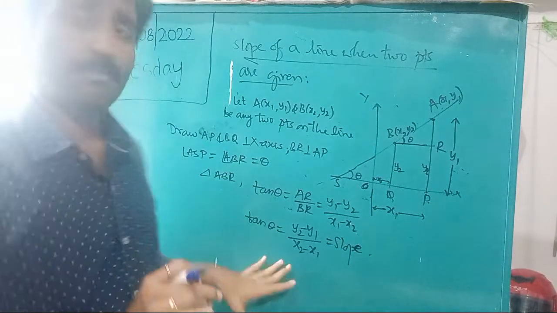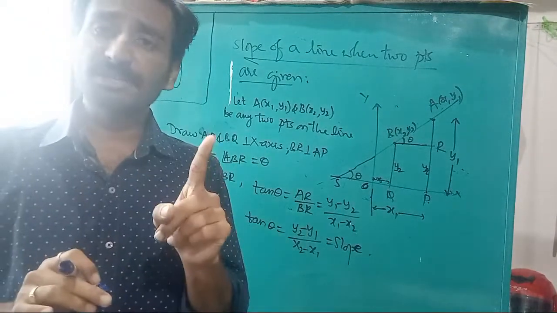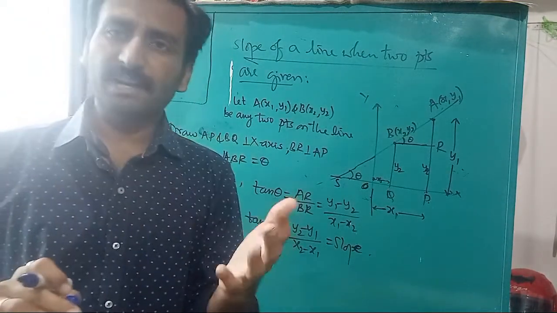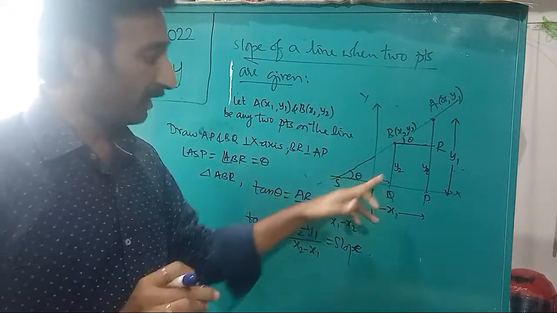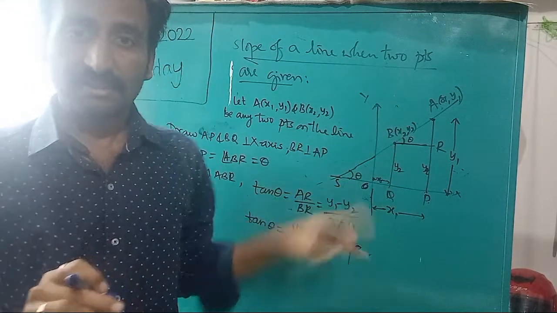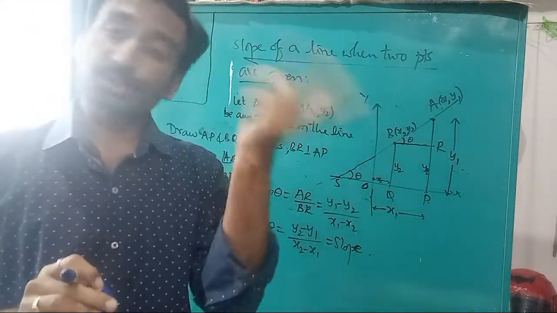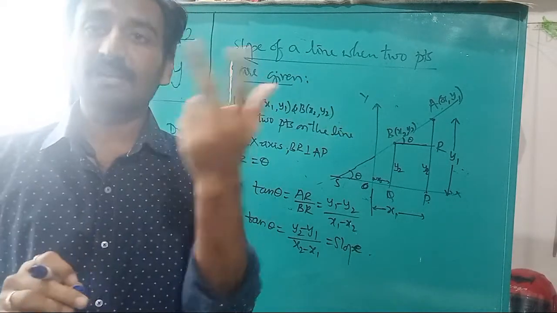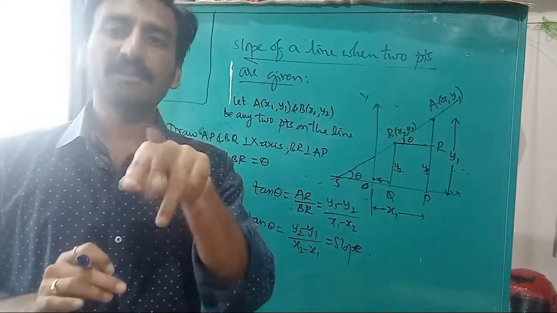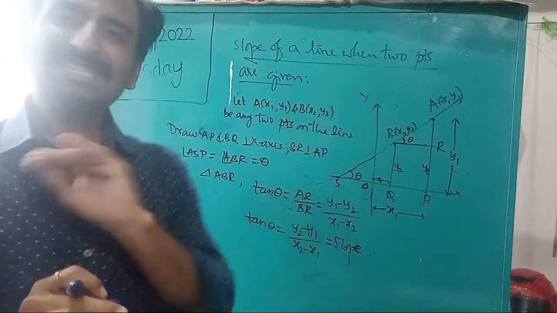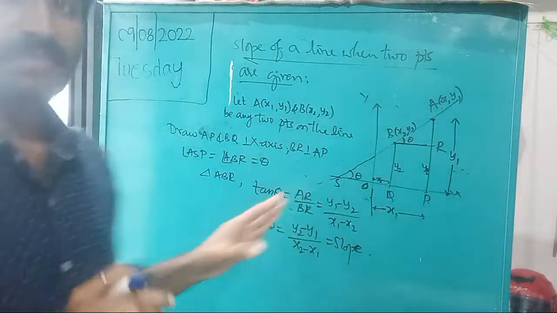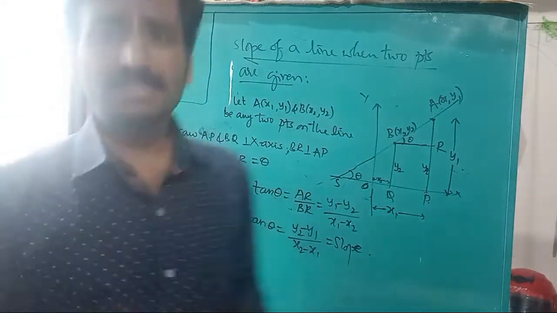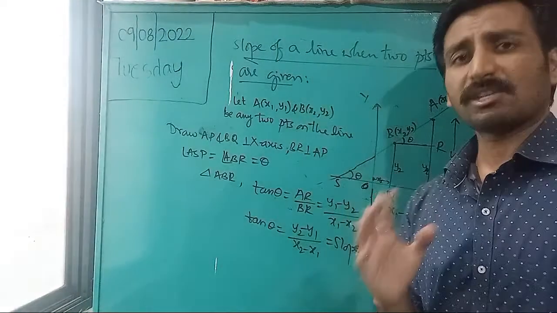It is important to remember this, because most of the time you cannot identify the angle made by the line with the coordinate axis. So in such a case we must know the points on the line. If you get any 2 points on the line, you can easily identify the slope of the line.